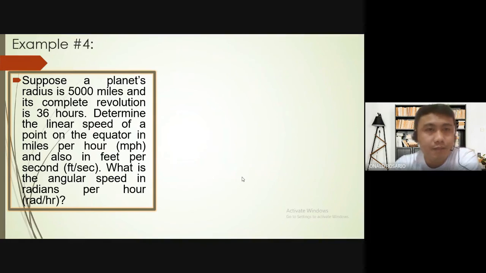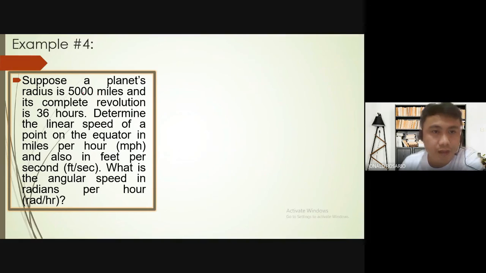Next, example number 4. Suppose a planet's radius is 5,000 miles and its complete revolution is 36 hours. Determine the linear speed of a point on the equator in miles per hour and also in feet per second. What is the angular speed in radians per hour?